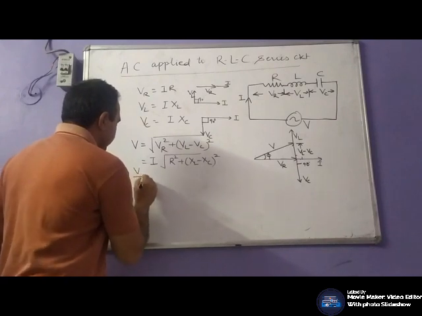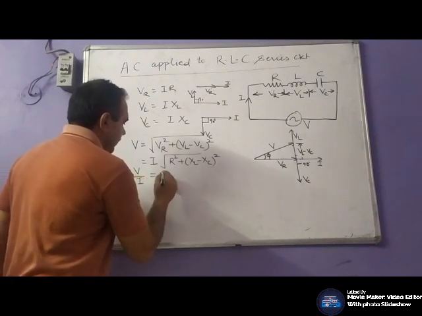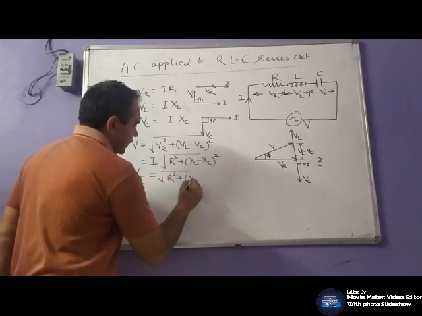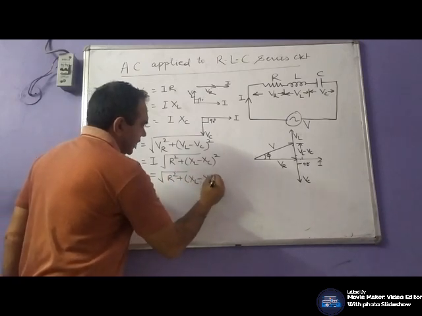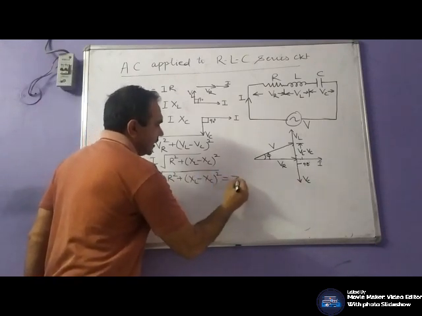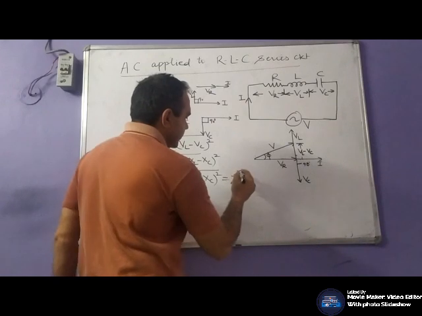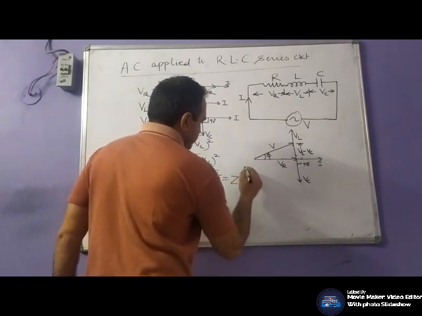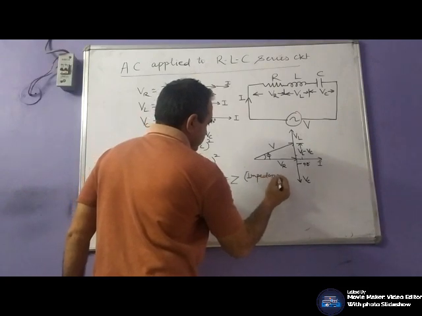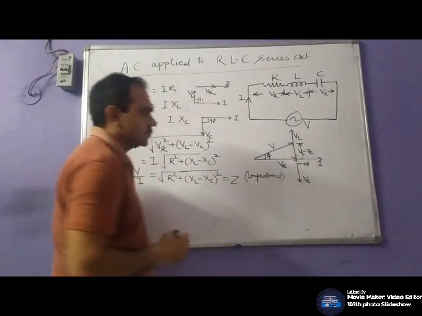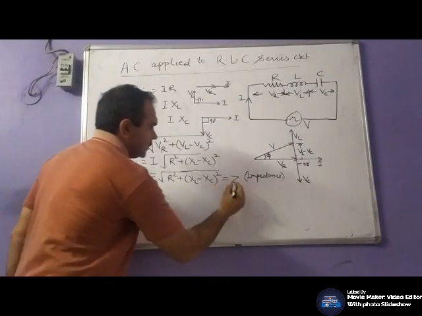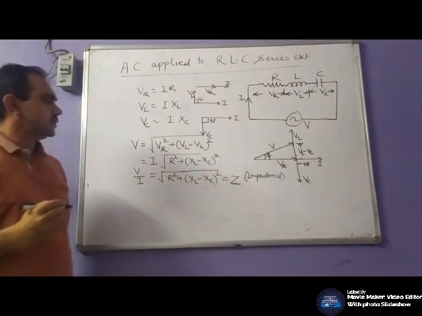And V by I is the square root of R square plus XL minus XC whole square, and that is the impedance of the circuit. And unit of impedance is ohm.